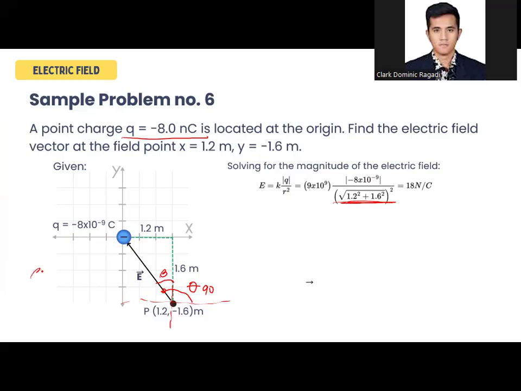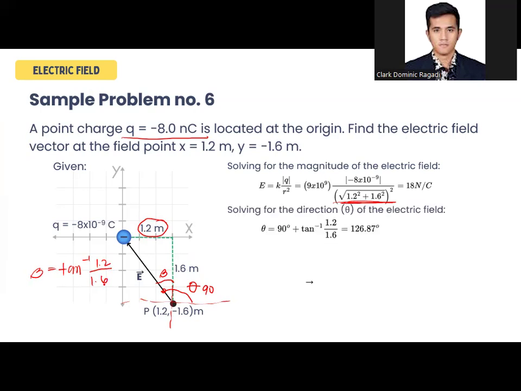Beta is just arctan of the opposite, which is 1.2, over the adjacent, 1.6. It would give us 126.87. Or we can write the field E in polar form: 18 angle 126.87 newtons per coulomb.